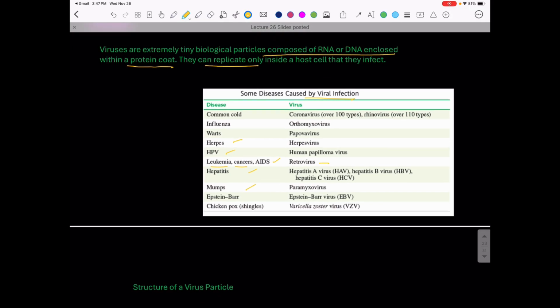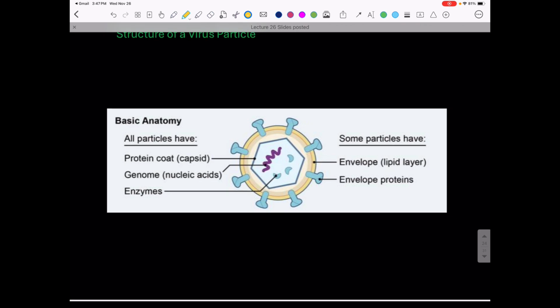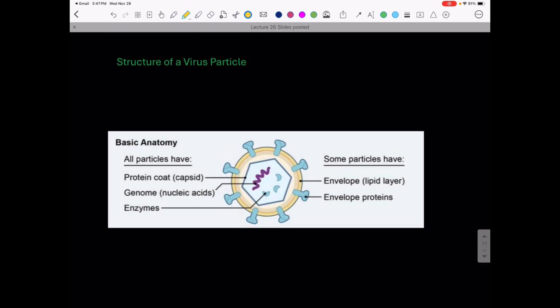So, as I said, viruses consist of a nucleic acid, which is their genetic material, and usually that is covered with a protein coat. They have enough information in the DNA that will be responsible for the synthesis of proteins that are necessary for their viability as well as their propagation.